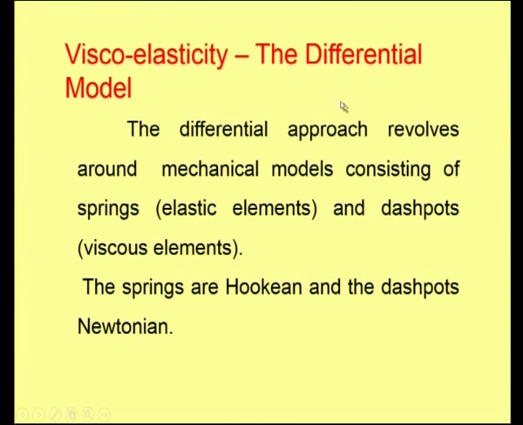The differential method involves mechanical models. Using mechanical models, a spring will simulate an elastic-like behavior, and a dashpot will simulate a viscous-like behavior. The springs are called Hookean because they obey Hooke's law, like metals, and the dashpots obey Newtonian behavior, or are compliant to Newton's law of viscosity.